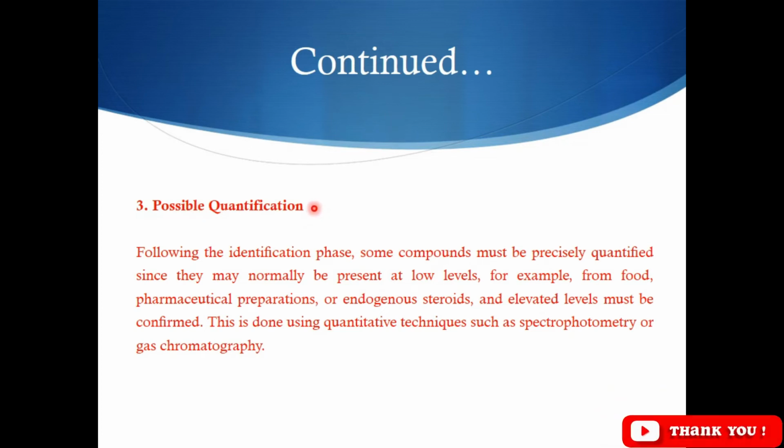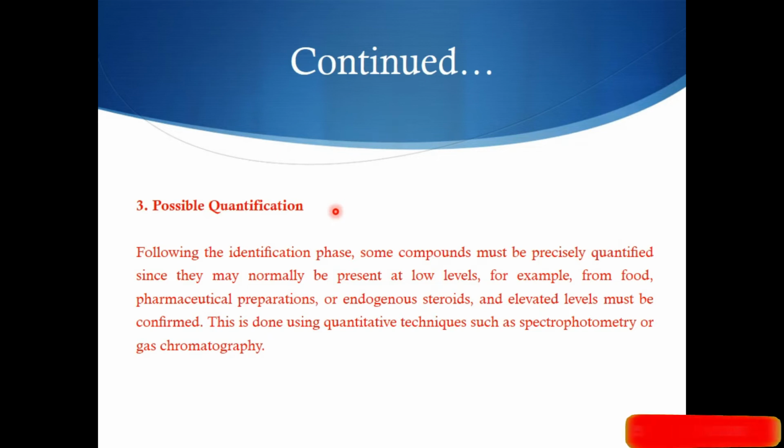If, for example, in the library of the mass spectrometer, the spectra of the compound present in the urine sample matches with the compound present in the library, we can be sure about the presence of a specific compound which is prohibited.